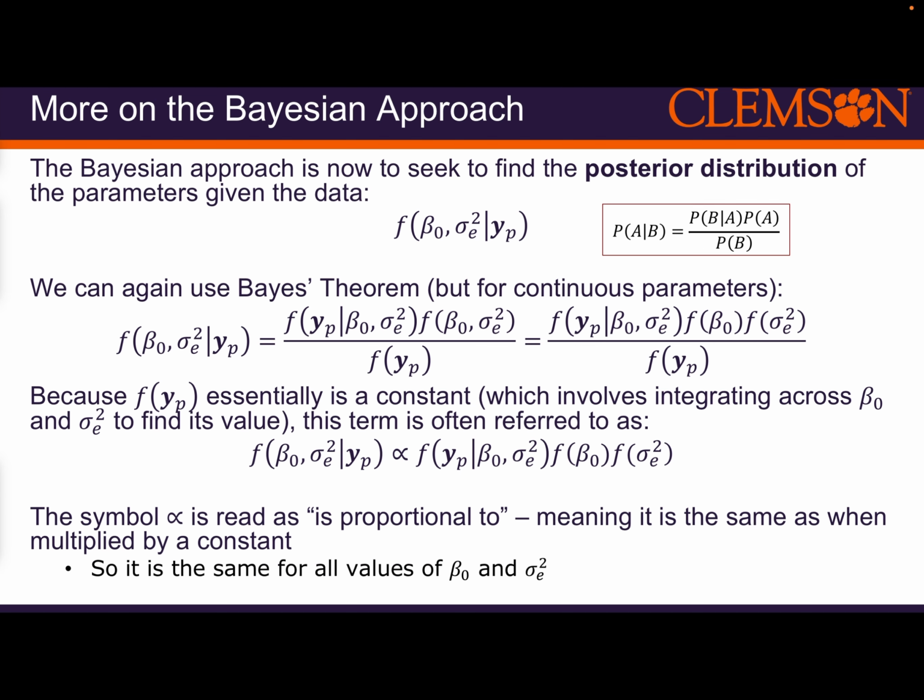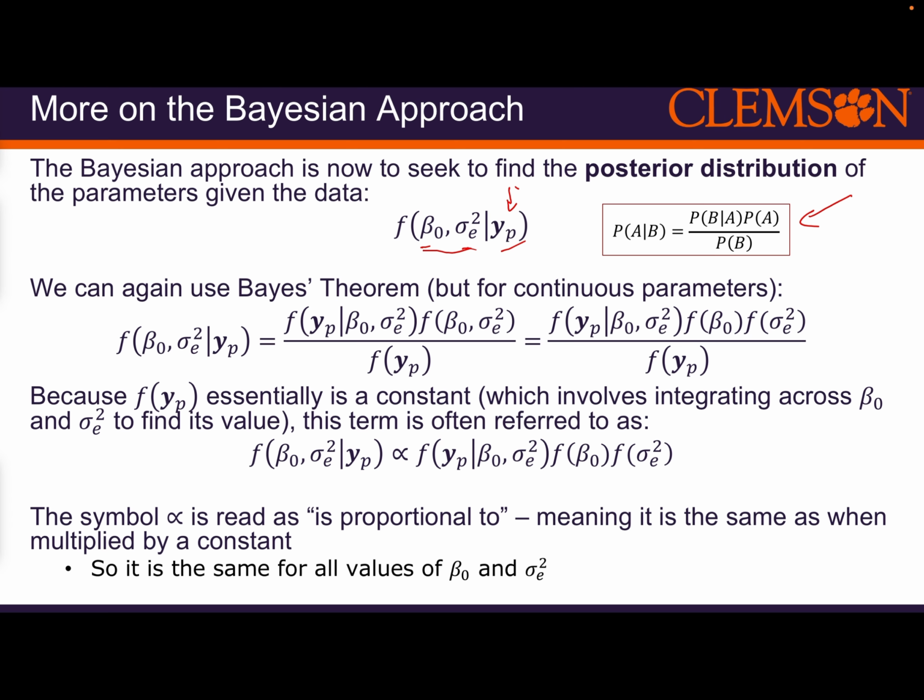All right, so putting this into Bayes' theorem, the Bayesian approach is to seek this posterior distribution of the parameters given the data. So we're looking for the posterior, the joint distribution of beta 0 and sigma squared given our data y. These are the components of where we started with Bayes' theorem. So here A represents both these two parameters and B represents y, our data.